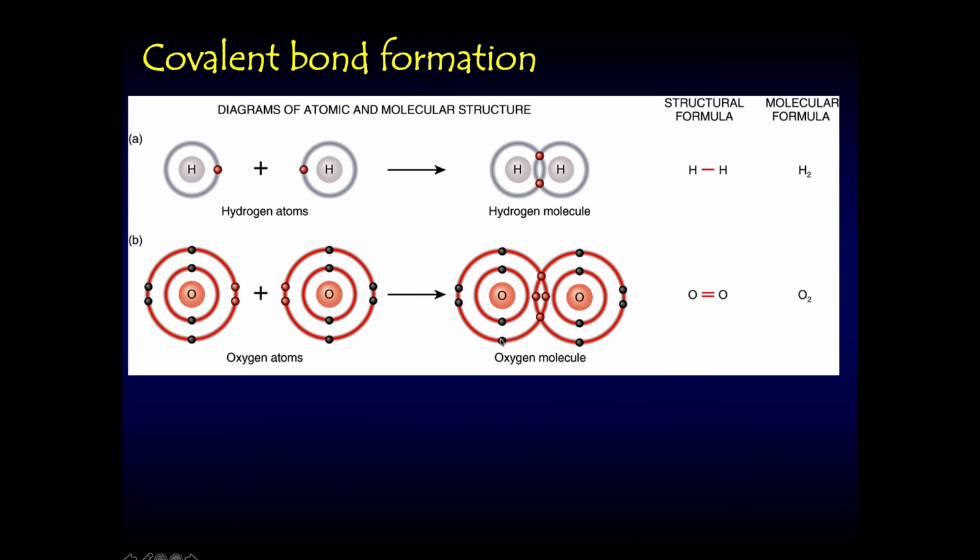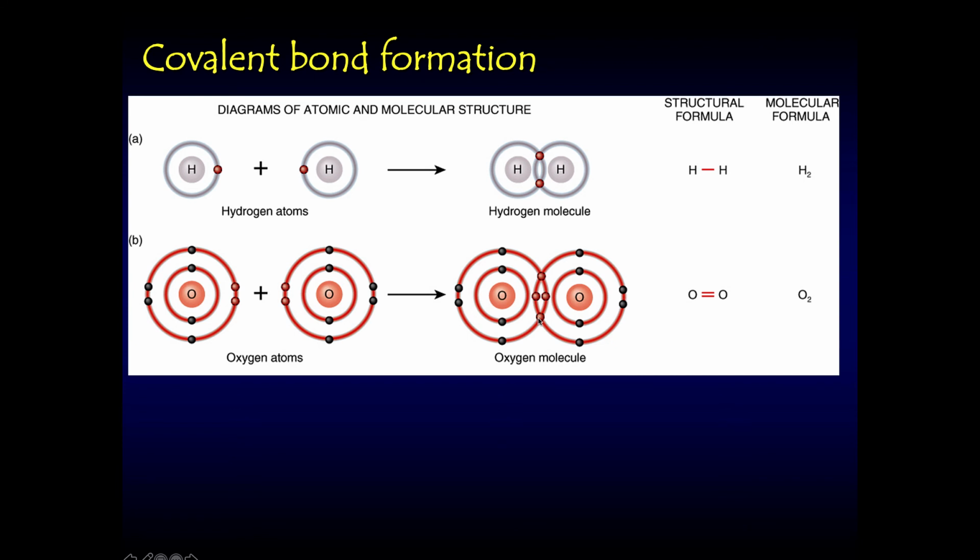If we go around the outer shell, we can count 1, 2, 3, 4, 5, 6, 7, 8 electrons in the outer shell of this oxygen, making it happy. If we go around the outer shell of this other oxygen atom, we also see 1, 2, 3, 4, 5, 6, 7, 8 electrons.